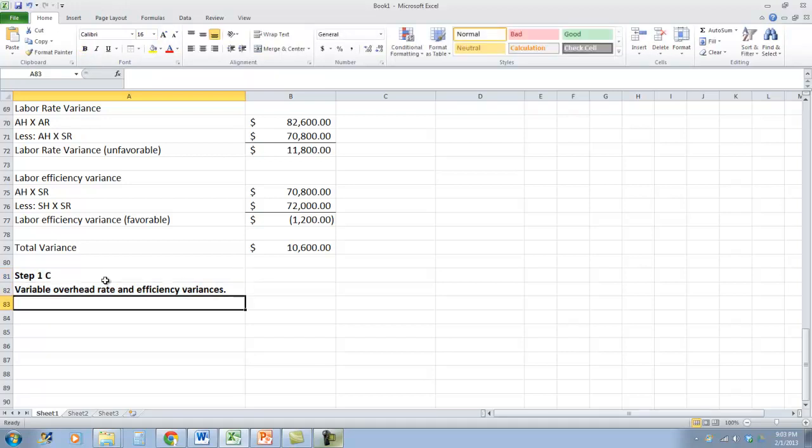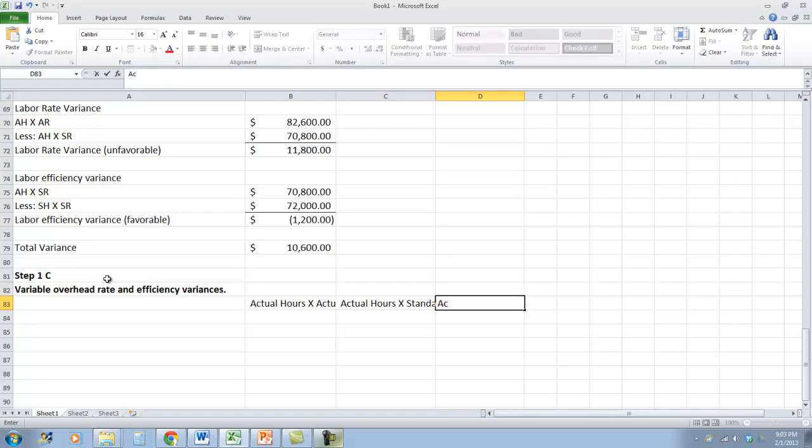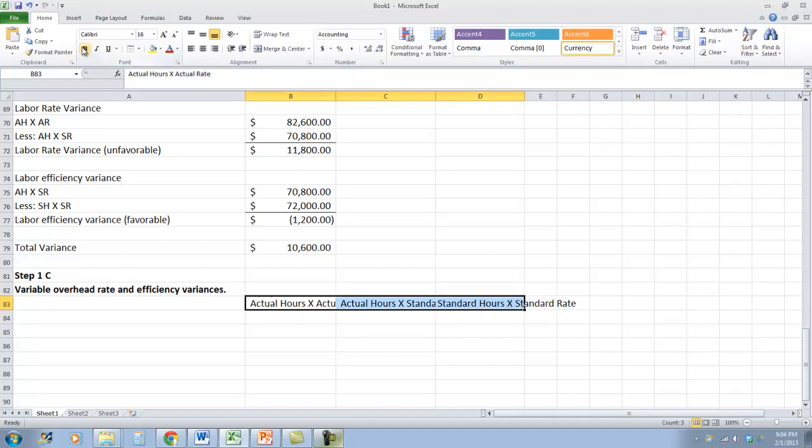So to do variable overhead, we are going to have to do actual hours, because this is based on hours here, times actual rate, and then actual hours times standard rate, and then standard hours times standard rate. All right.